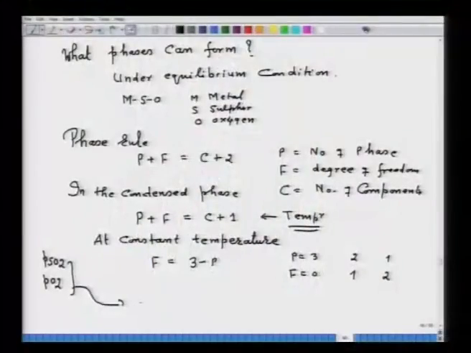So, when we want to get the information of which phase will form, it is PSO2 and PO2, both these parameters that will decide, and based on this, if we perform the thermodynamic calculations of the various equilibrium reactions that can occur between sulphide and oxygen, then we get a diagram which is called the predominance area diagram.